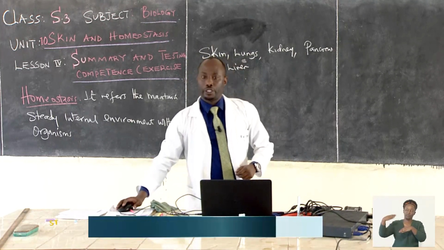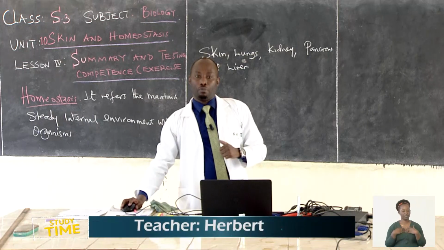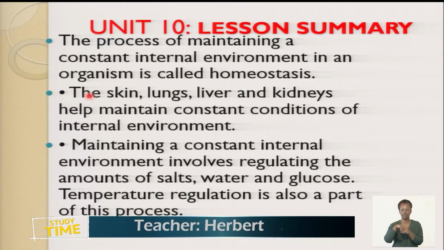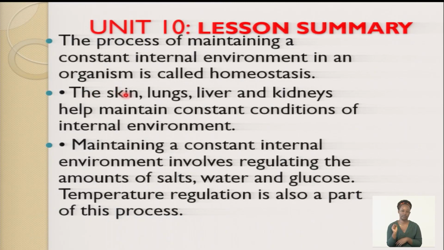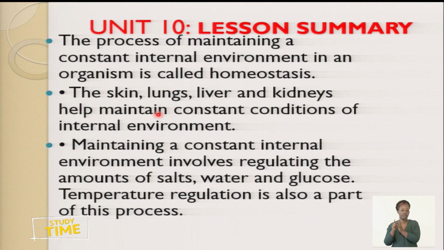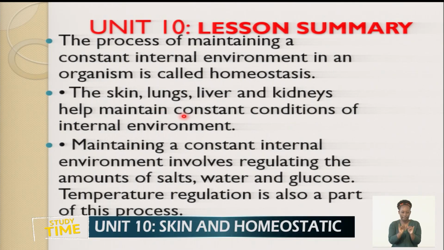So, as I mentioned, we have a number of organs that play a role in the homeostatic mechanism: the skin, the lungs, the liver, the kidney, as well as the pancreas, which help to maintain constant conditions of the internal environment.